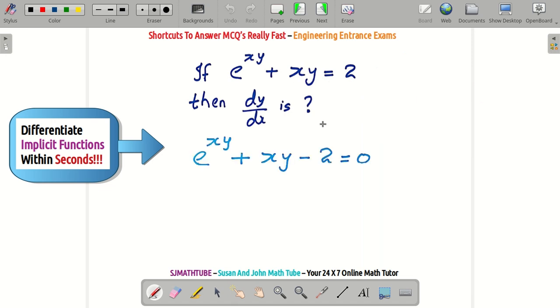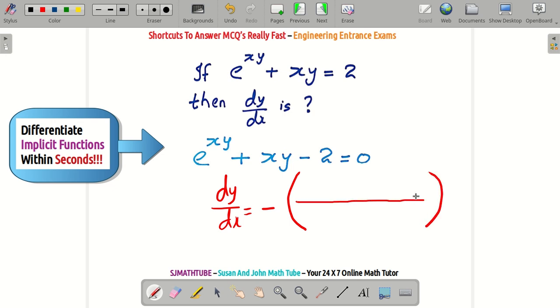Okay, the first thing to do, take everything to the left hand side. Now the next thing, we put dy by dx is equal to negative, and then a big bracket and our division. Tell me, what is the partial derivative of e to the power x into y with respect to x?